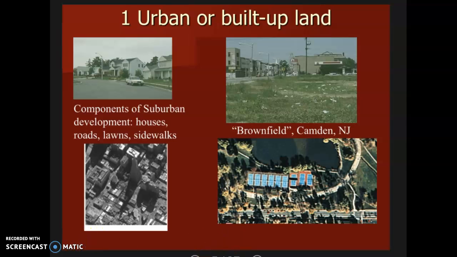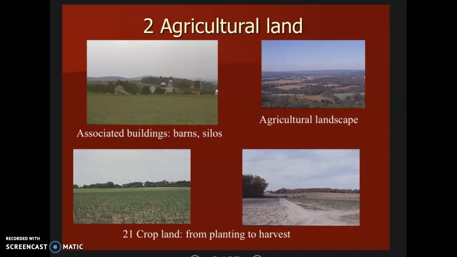Okay, let's move on to 2, agricultural. 2 is the level 1 category, and then if we look at some level 2s, if you have a 21, that's cropland. It can be anywhere from planting to harvest situation, so it can look quite different.